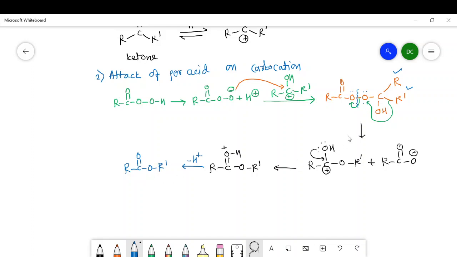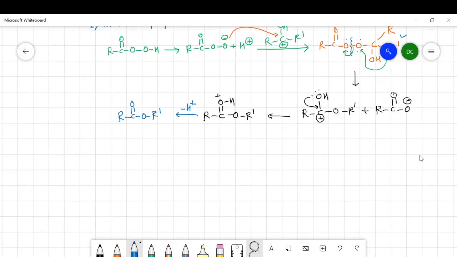In this way, one of the alkyl groups is migrated from this ketone to give a corresponding ester. The migration depends upon its migratory aptitude. So we will have to study the migratory aptitude of different alkyl and aryl groups. So let's start with the migratory aptitude.